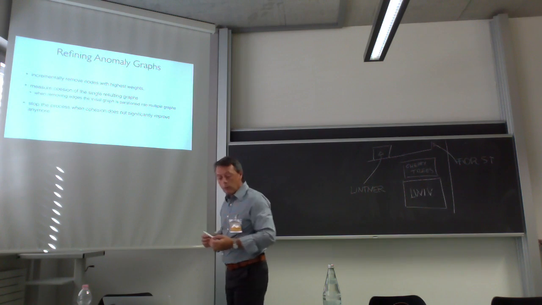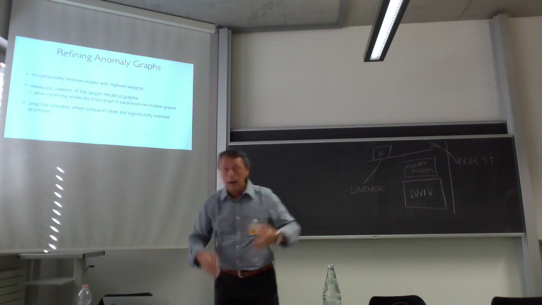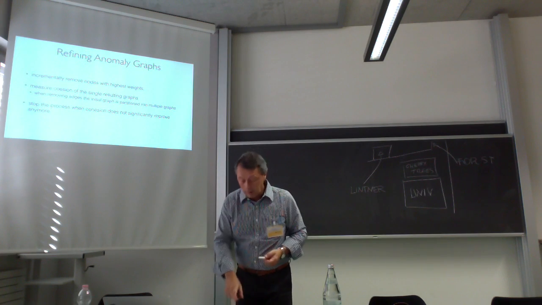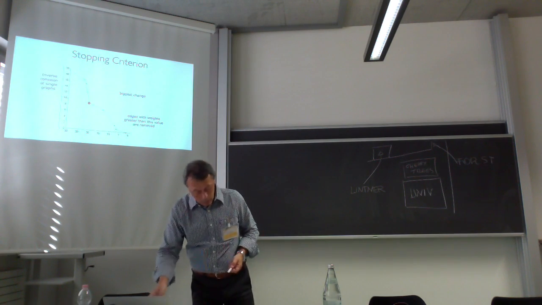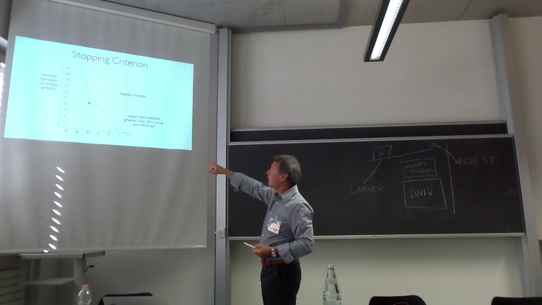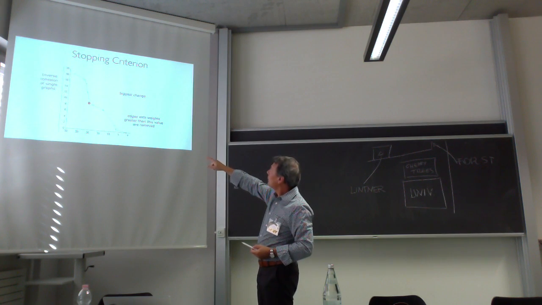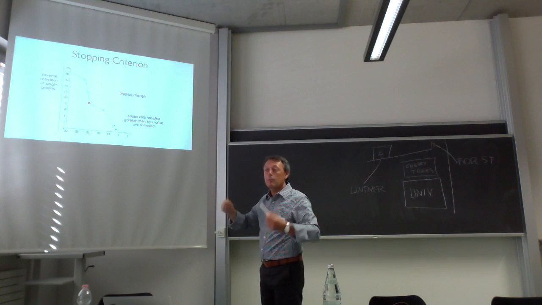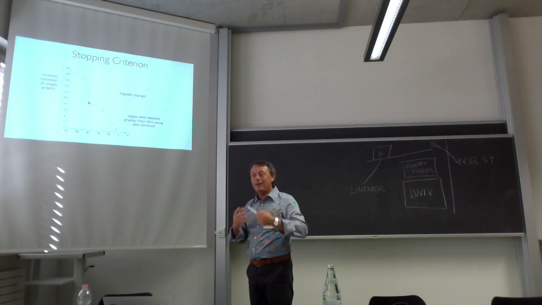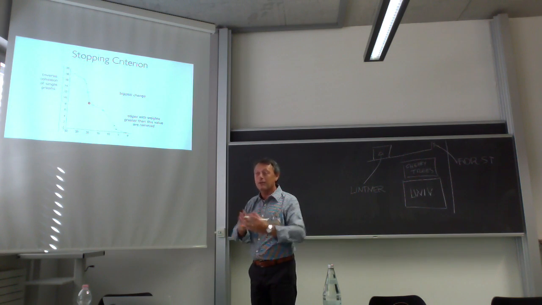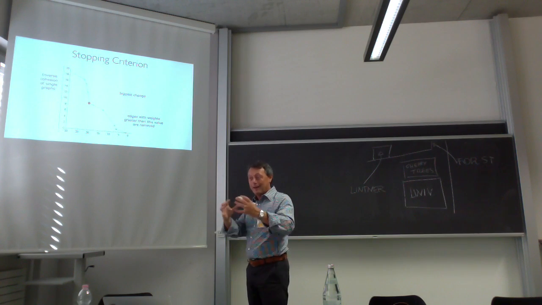You start removing nodes and you partition the graph. You stop when there is the biggest change, because you always reduce the cohesion of the graph. So at some point you get a separate graph.